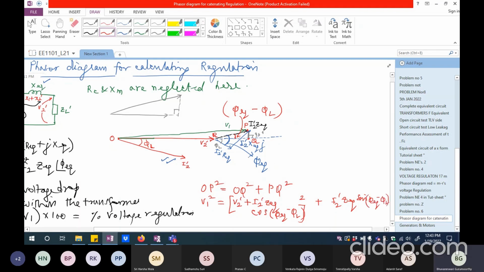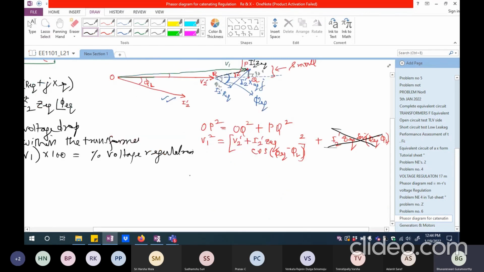Generally, the drop within the transformer is so small, and even the angle between these two will be very small, so also will be the case with this. So this distance is going to be really, really small, and we are going to neglect this. This is an approximation, but practically sine of phi equivalent minus phi L is really small, so we are essentially neglecting it.